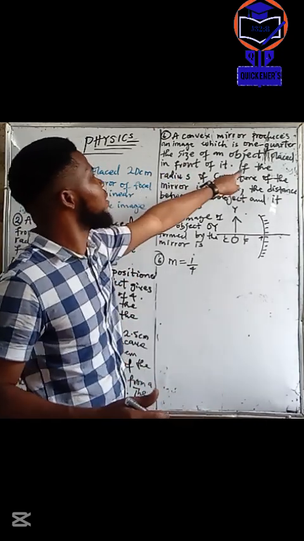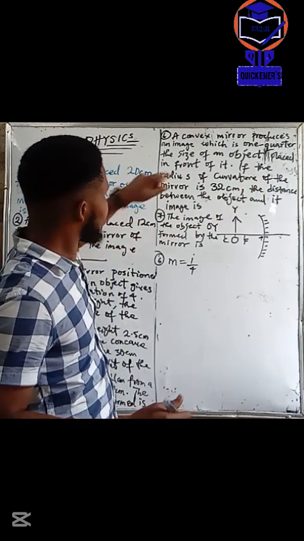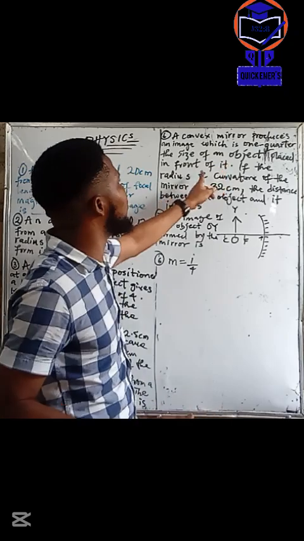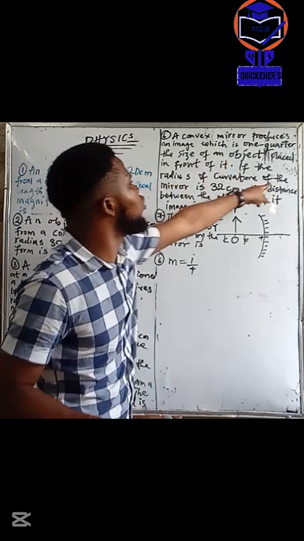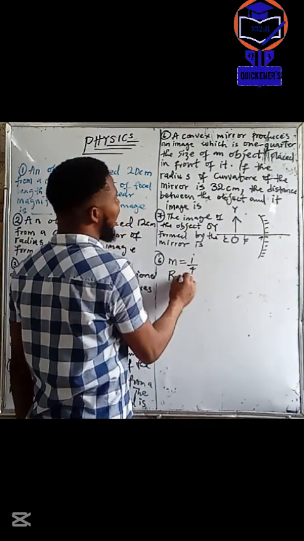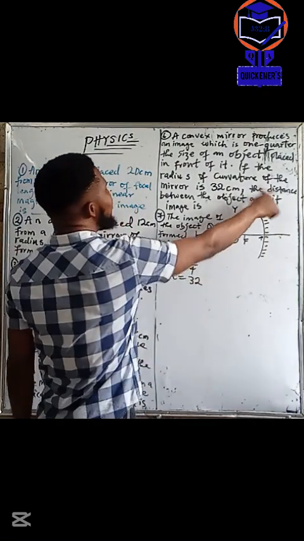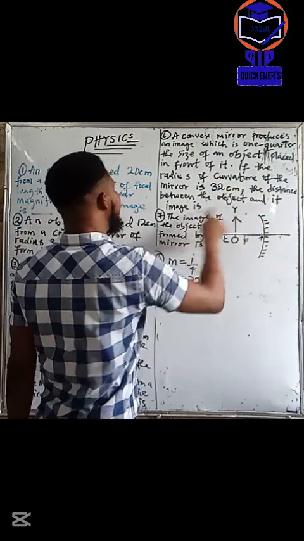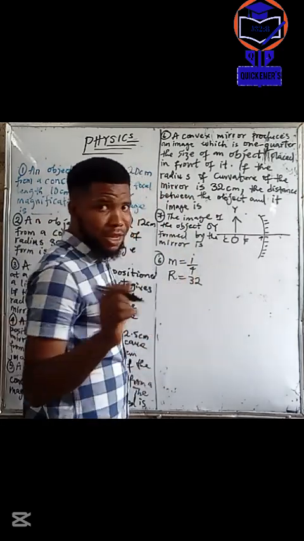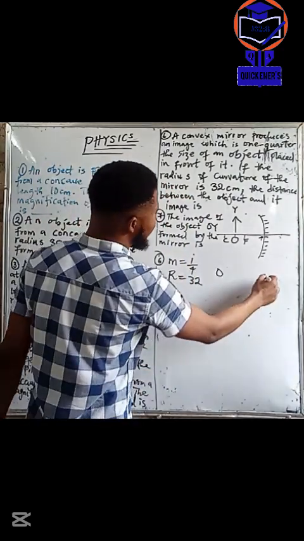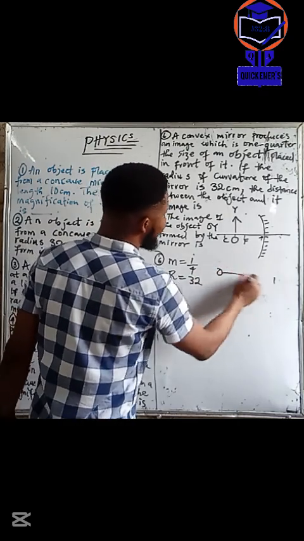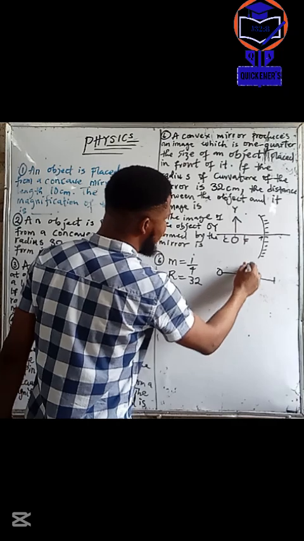If the convex mirror produces an image which is 1/4 the size of the object, and the radius of curvature of the mirror is 32, so our R is 32, the distance between the object and its image is what we're looking for. If this is the object and this is the image, remember in between you have your mirror.